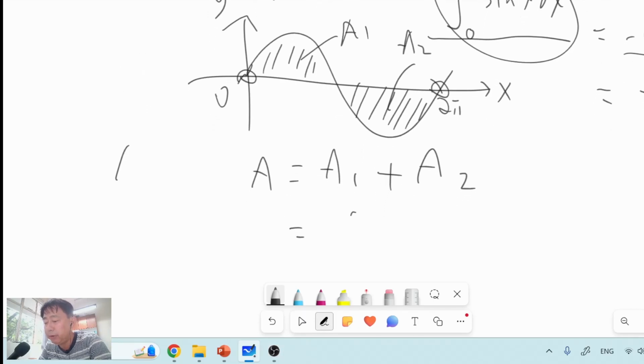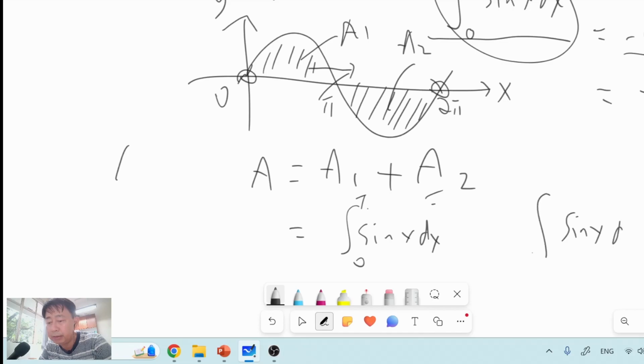A1 is the area of the sine function, integrated between 0 and pi. Here is the pi. After x moves from pi, from here to here, the sine function will change to negative. Therefore, the area A2 is the integration of sine x dx calculated from pi to 2 pi.